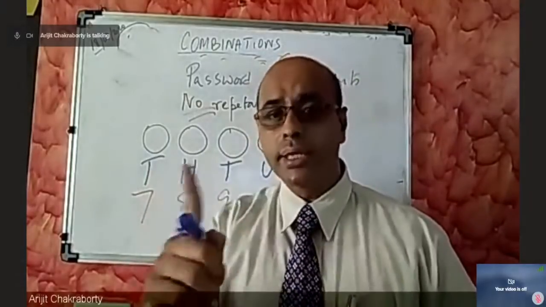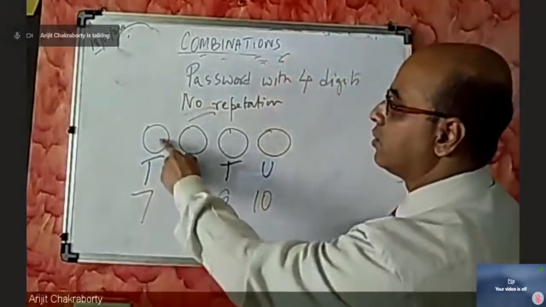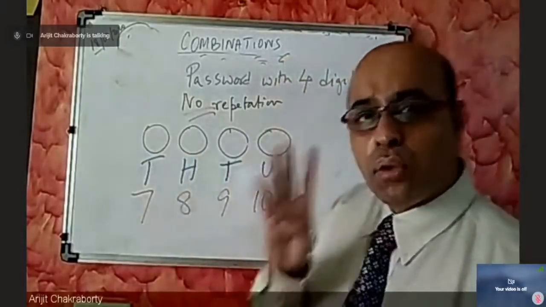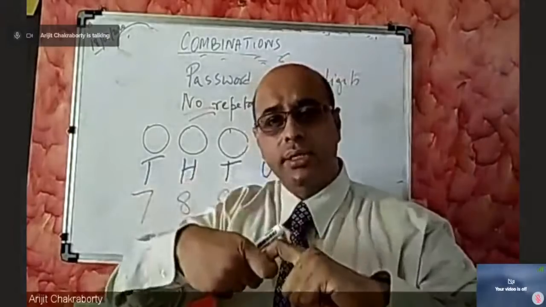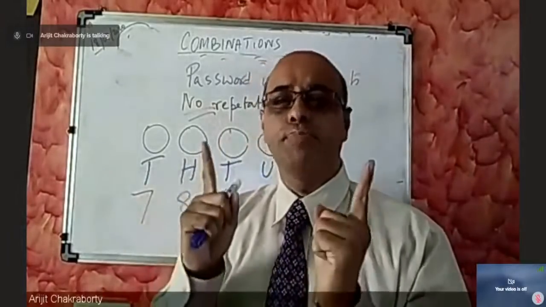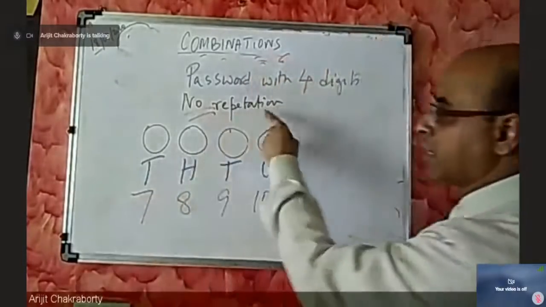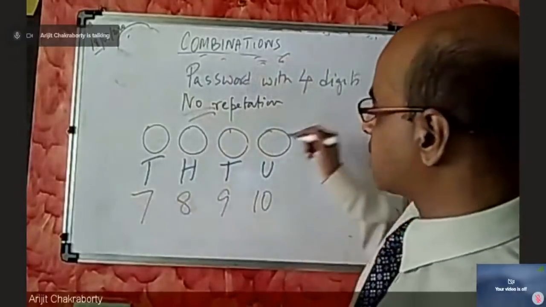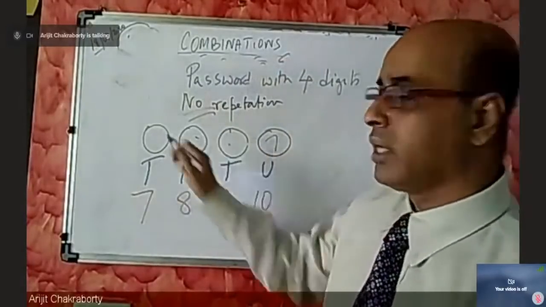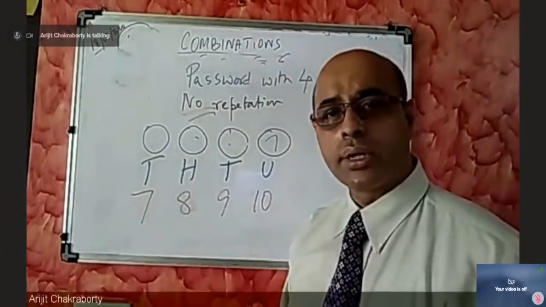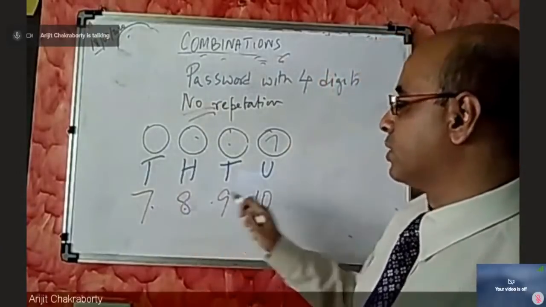What are the signs? The sign here is 4 digits, 4 dependent events. They are not isolated, they depend on each other because no repetition is allowed, which means if I take 7 here, I cannot take 7 here. Repetition is not allowed. So it becomes 7 into 8 into 9 into 10.